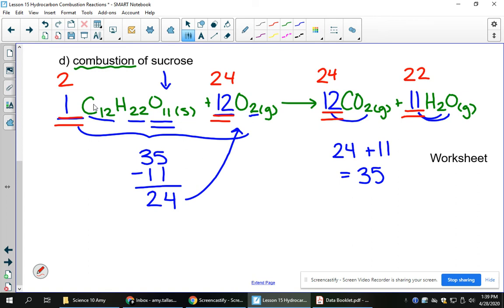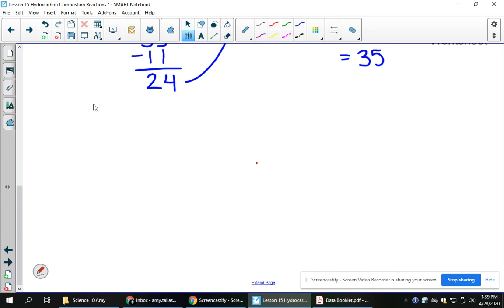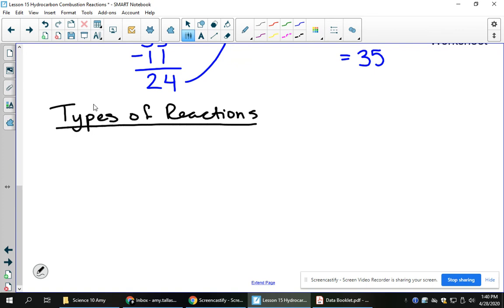And now that we've done all 5 types of reactions, I want to do a quick review on all the different types so that you can go back in your notes and try to recognize the type of reaction that we're showing. Okay, so there were 5 types that we did.